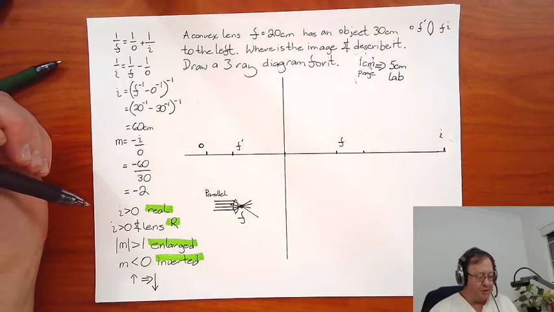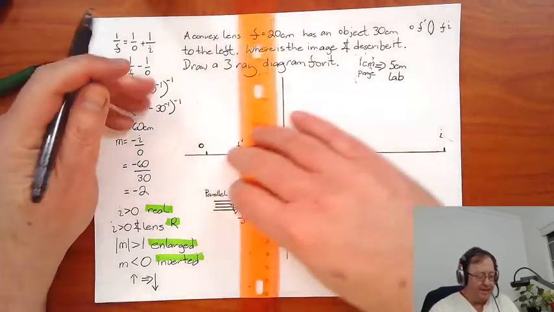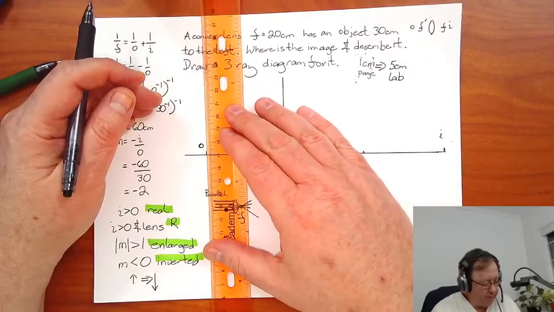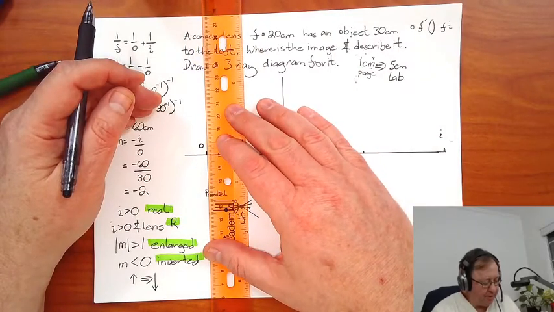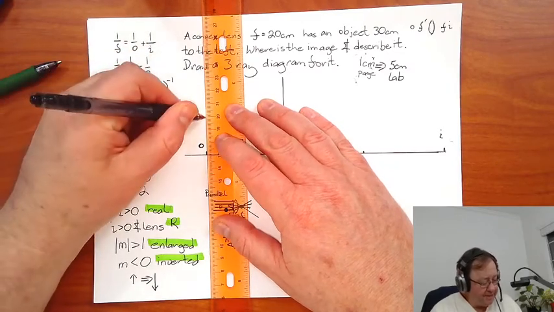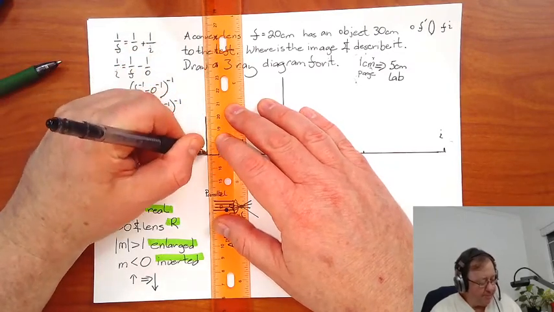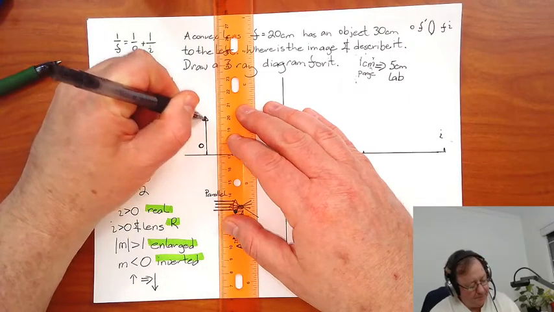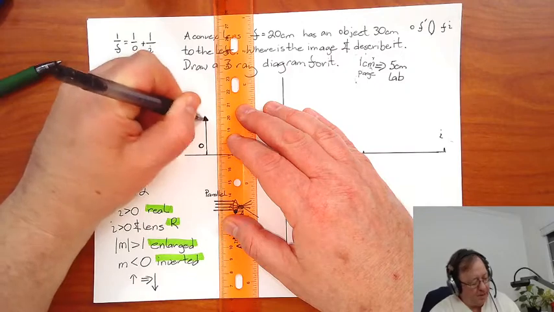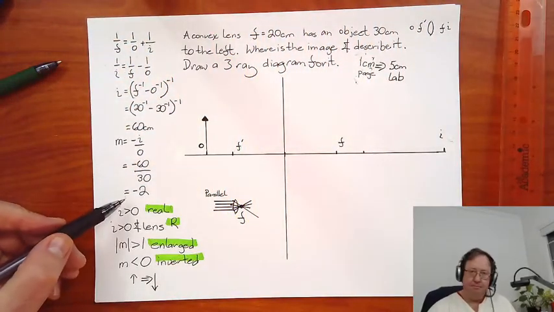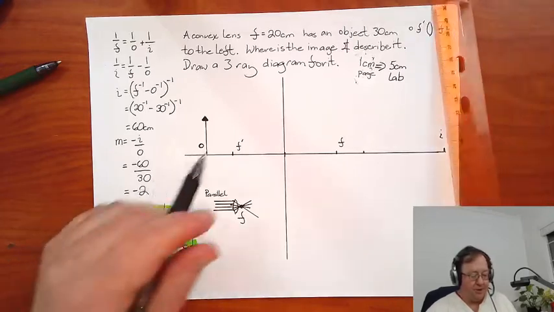Now for the image drawing and object drawing. It's a double size, which means you pick a reasonable number where you know you can draw it on the other side. So if this is 3 up, 3 centimeters up, the image has to be 6 down because it's negative magnification.